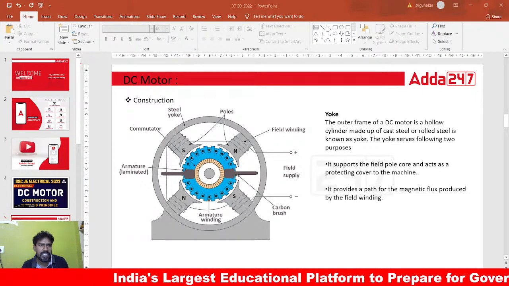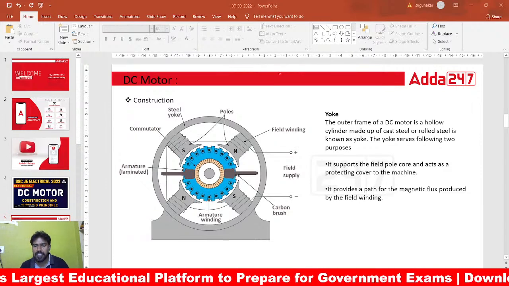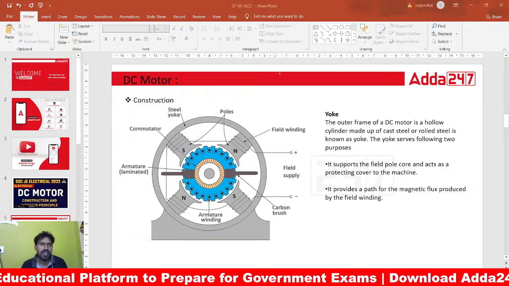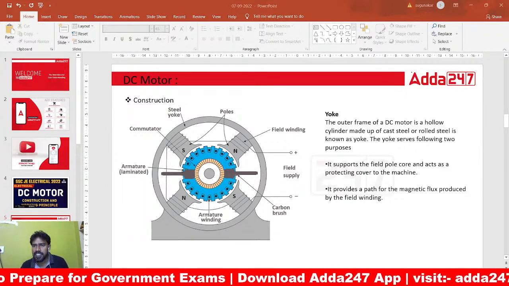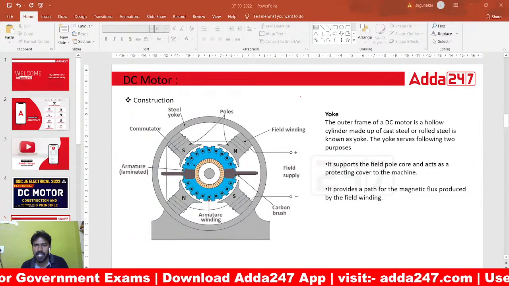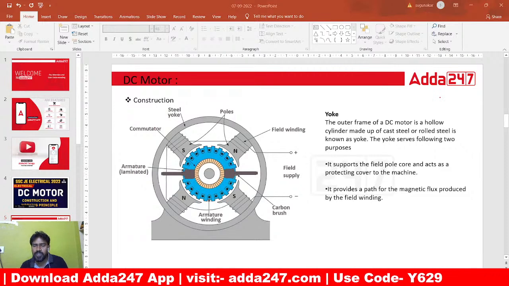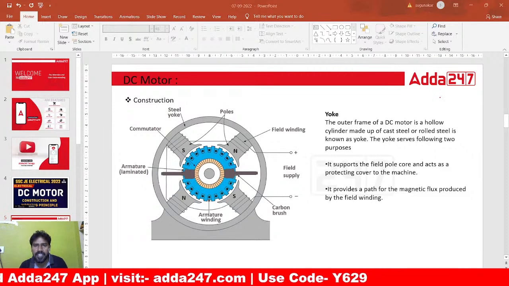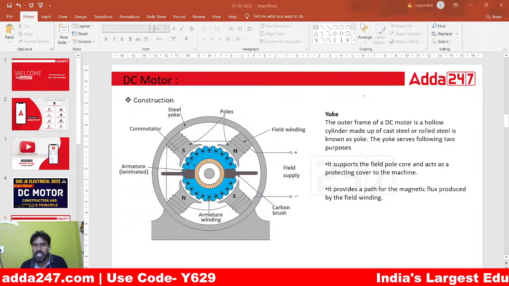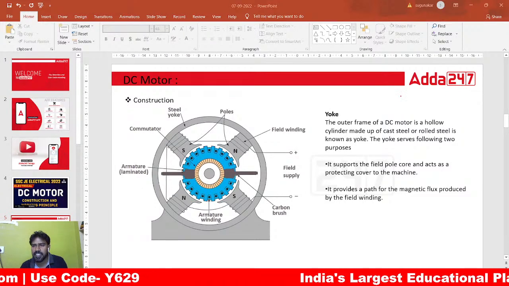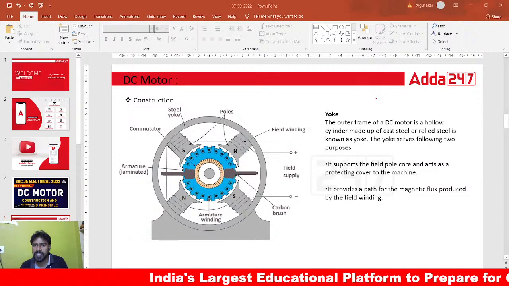It is made up of steel or iron, depending on the size of the motor. In a DC motor, the yoke is hollow cylindrical, made up of cast steel or rolled steel. They may ask this type of question directly, so you can remember this one.